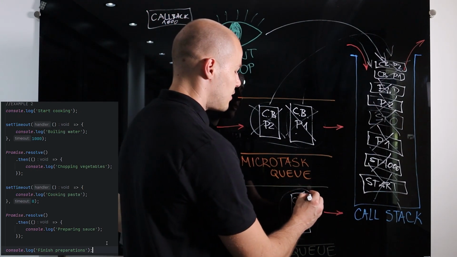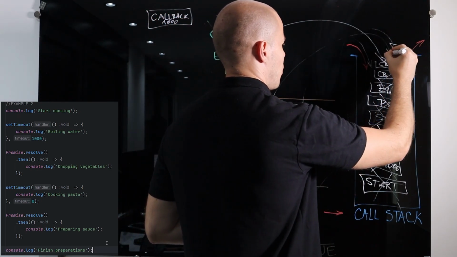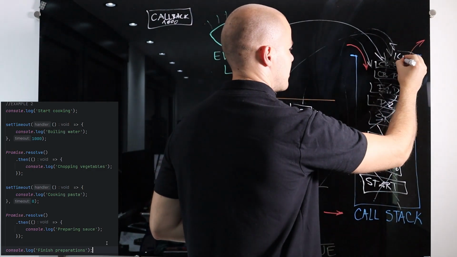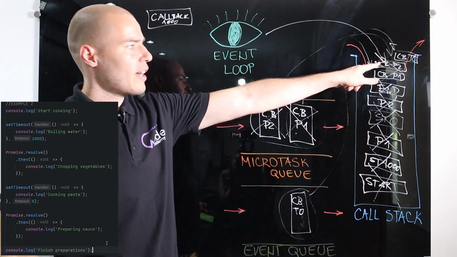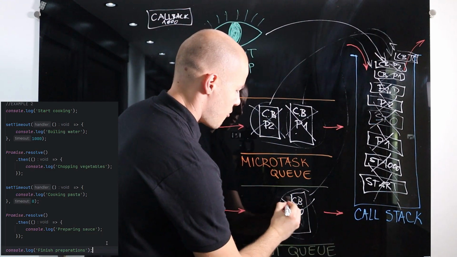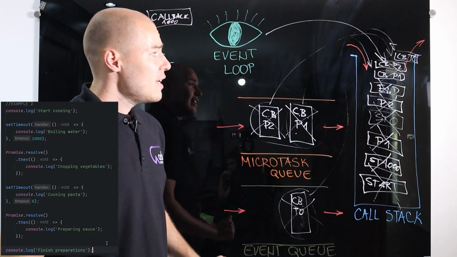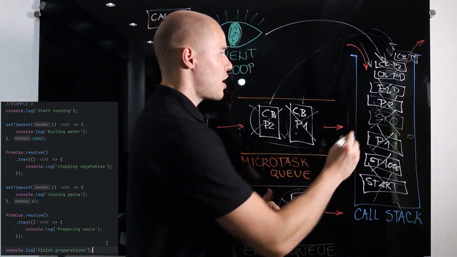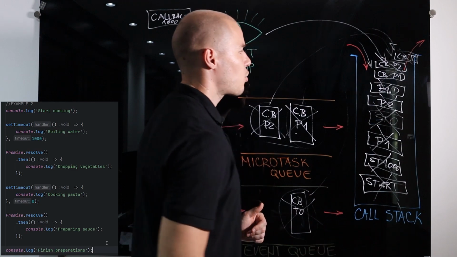It is going to take it and push it onto the call stack, and we're running out of space. So it's callback timer 0, and it will be executed. So we have popped it from our event queue. It will be executed, and when that happens, we're going to receive the message and just cross this out from our call stack.